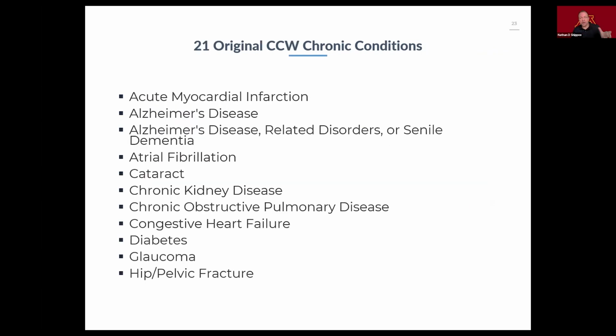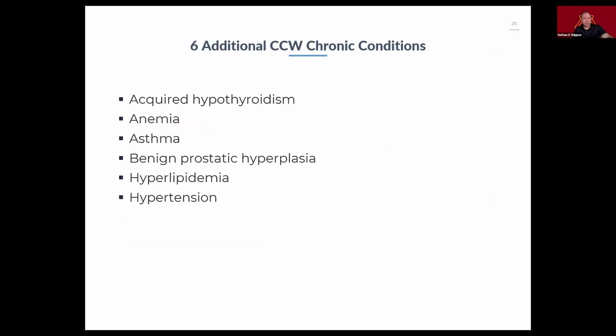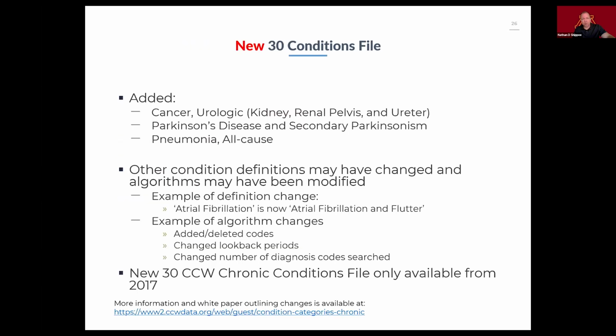Fairly well. Originally, there was a smaller set of conditions, including AMI, Alzheimer's, a separate one for a slightly broader category of ADRD, cataract, chronic kidney disease, and so on. Certain types of cancer. Then some additional chronic conditions were added, and now we have a newer version of this set of conditions in a newer version of this file.